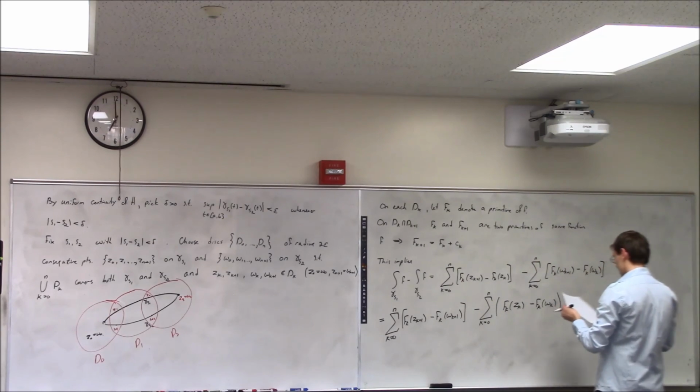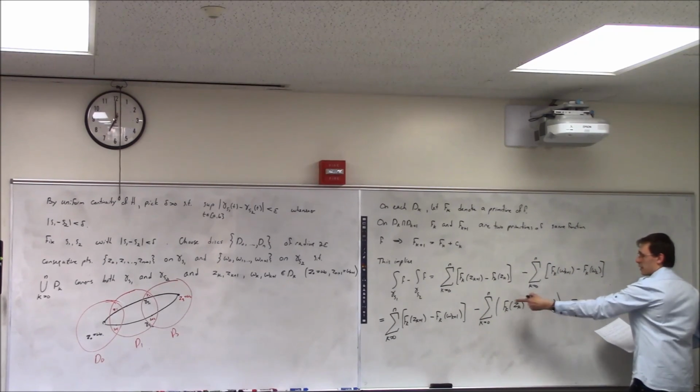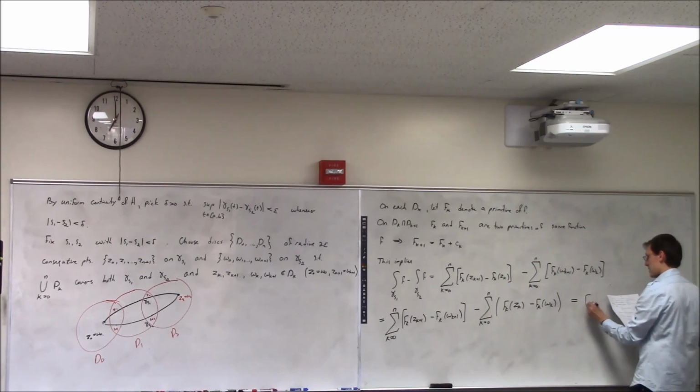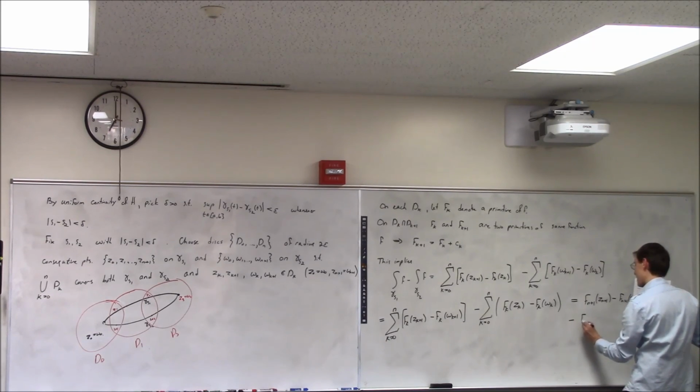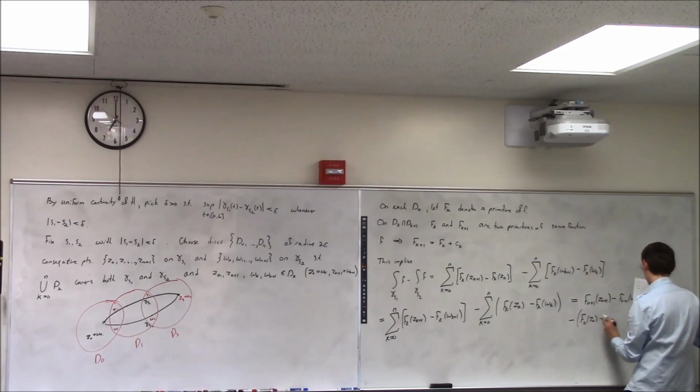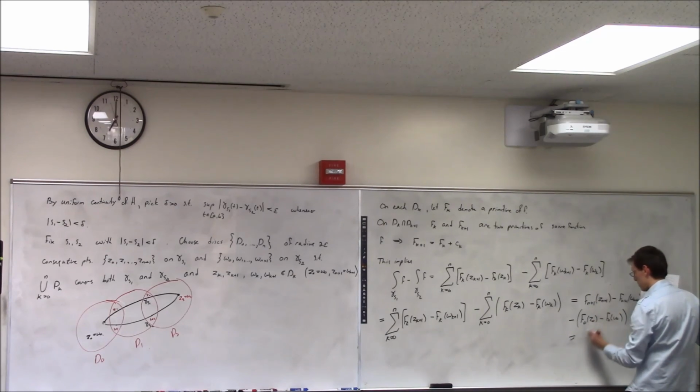So I can make it into a telescoping sum, and the answer will therefore be f_{n+1} z_{n+1} minus f_{n+1} w_{n+1}, minus f_0 z_0 minus f_0 w_0, which ends up being, this is the same point, so this is 0 minus 0, and that is 0.